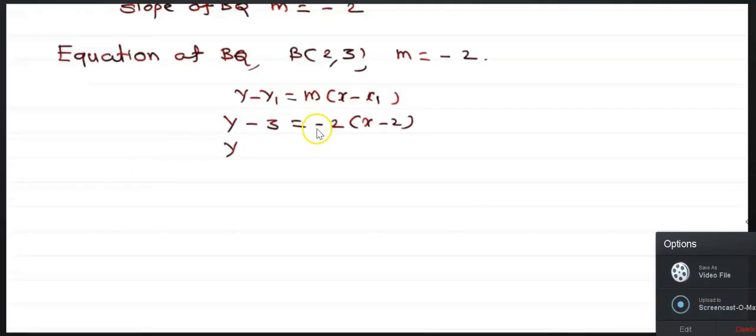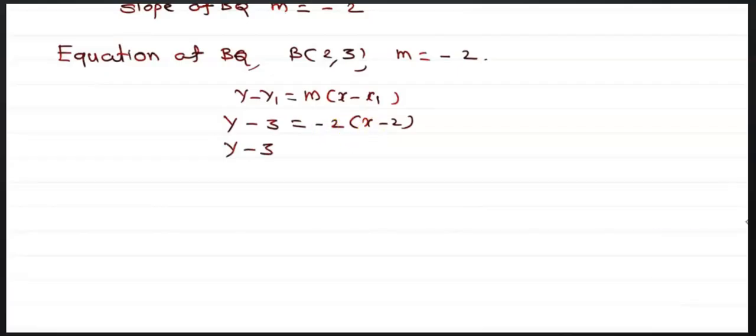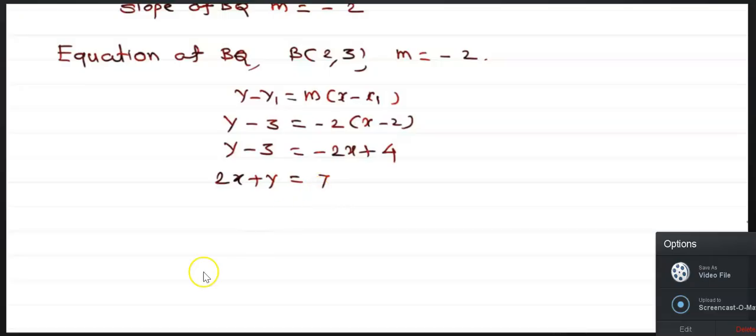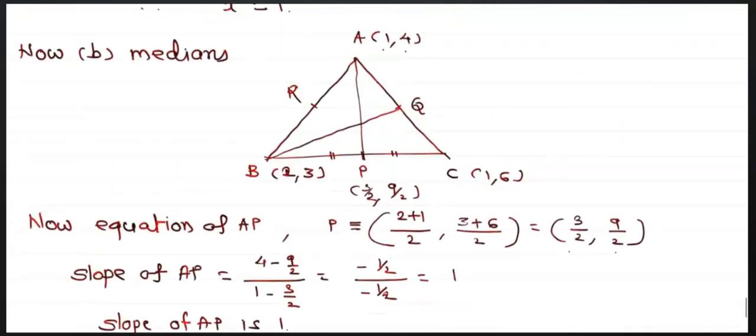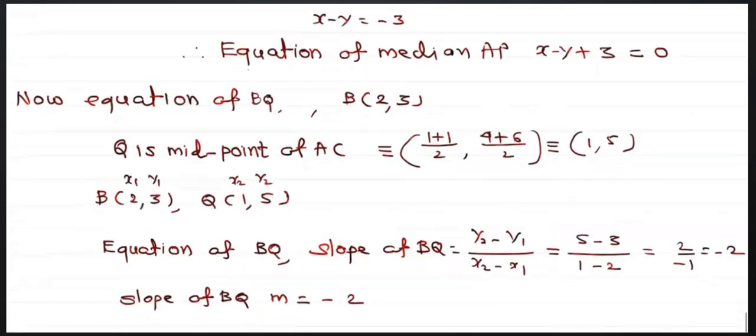That is y minus 3 is equal to minus 2 in bracket x minus 2. That is 2x plus y is equal to 7. This is the equation of median BQ.